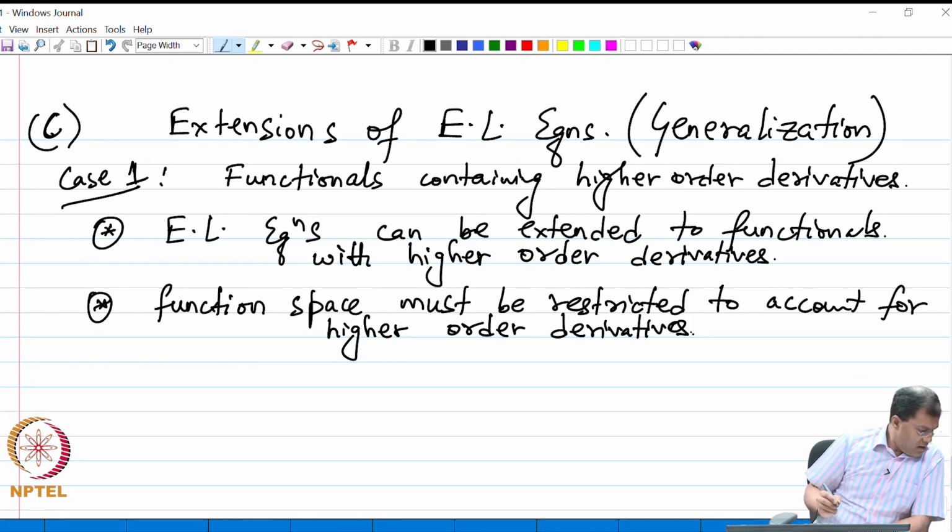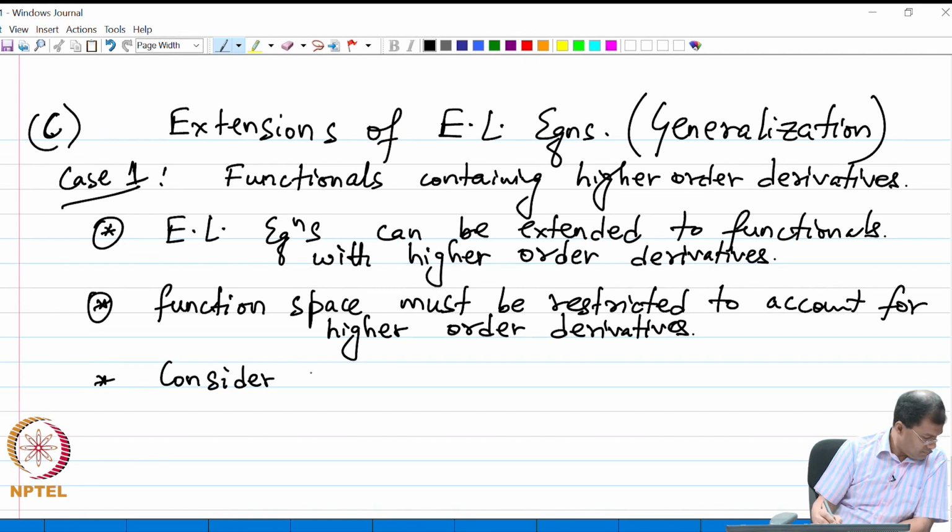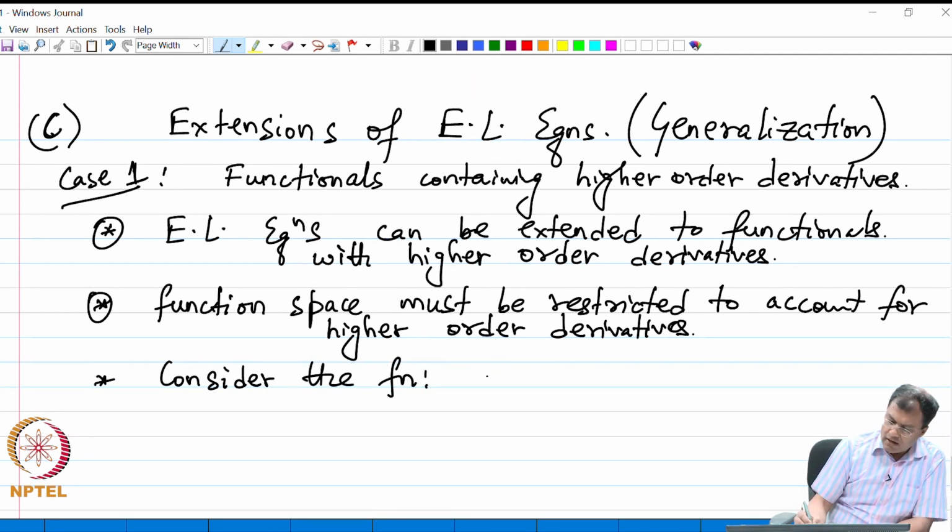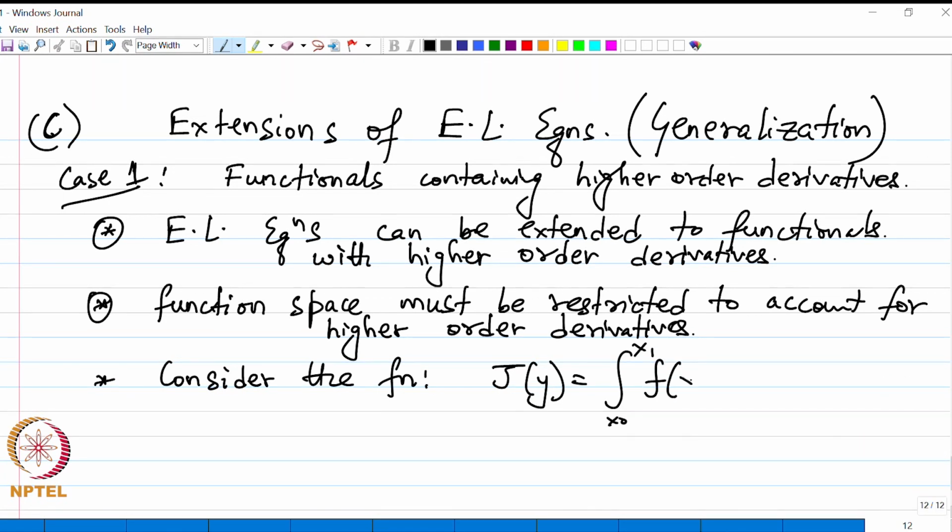Okay. So, let us now consider the functional of the form J(y), the simplest possible example in this category. So, J(y) is the integral from x0 to x1 of f of x comma y prime comma y double prime. So, we have now a function containing derivatives up to second order.